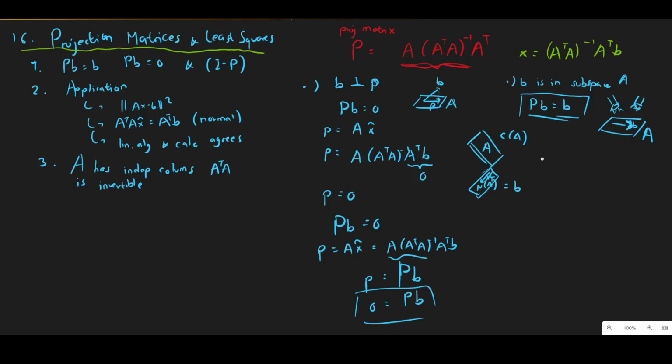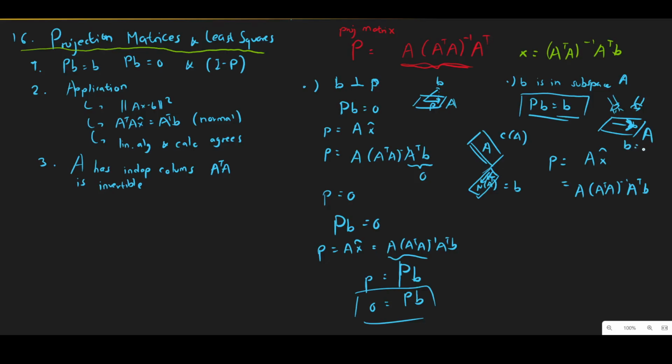And now let's prove it as well, the same way as we proved the first one. So we have this form right here, A times A transpose A inverse A transpose B. Good. Now if B is inside the subspace of A, then how can I find B in terms of A?